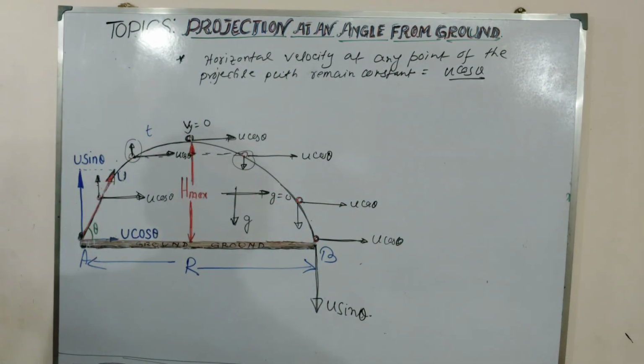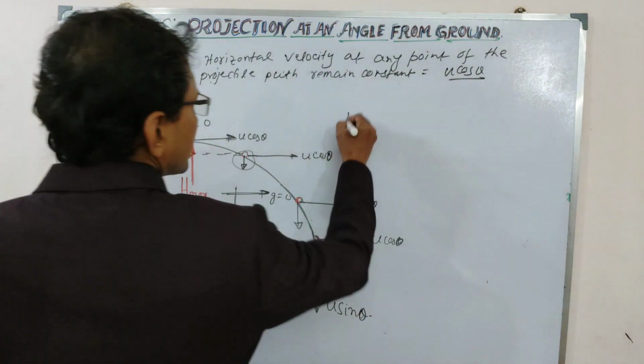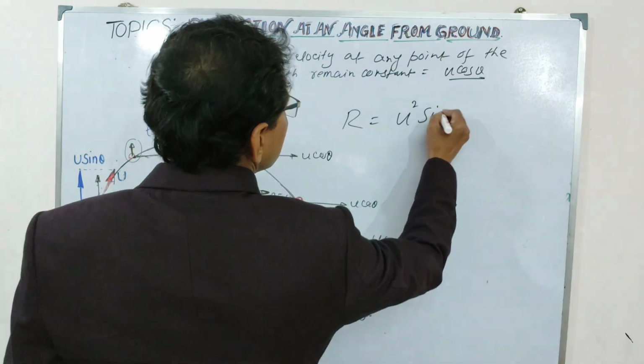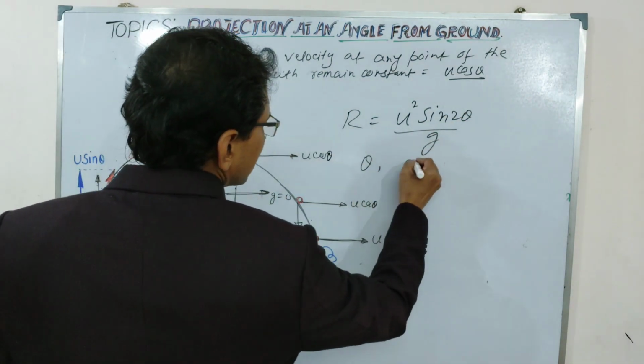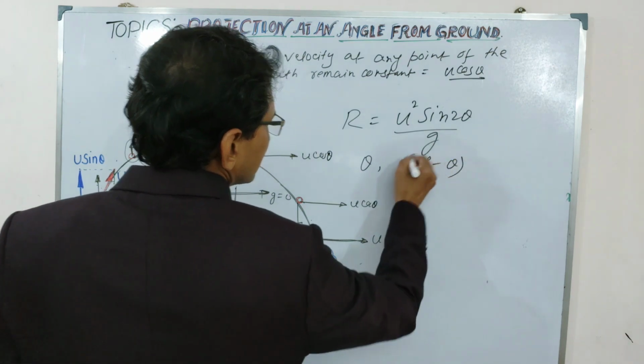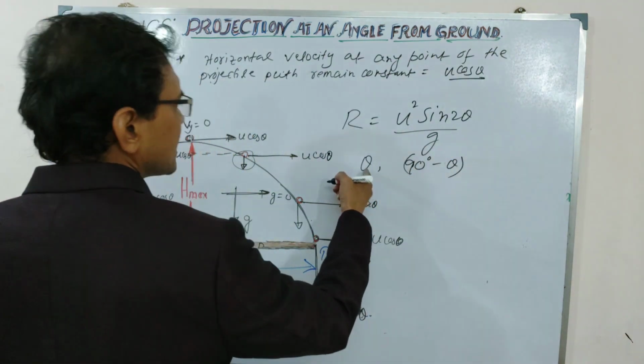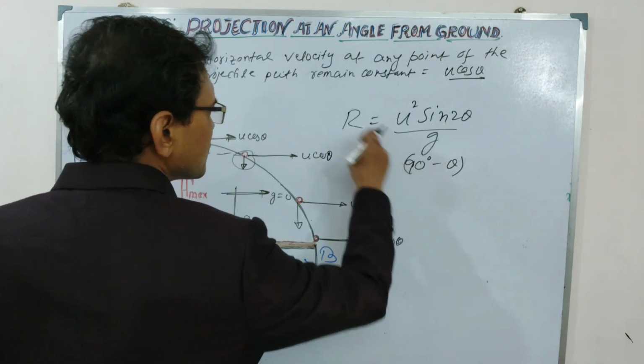Now for particular two angles, the range will be the same, because range equal to u square sin 2 theta by g. Now if we take the angle theta and 90 minus theta, then what comes? So at angle theta range is this, but at angle 90 minus theta, what is the range?